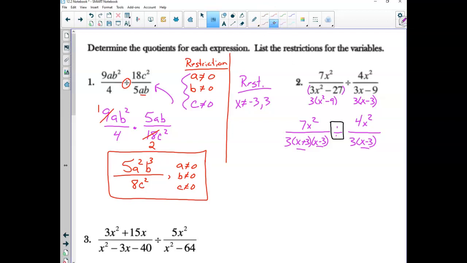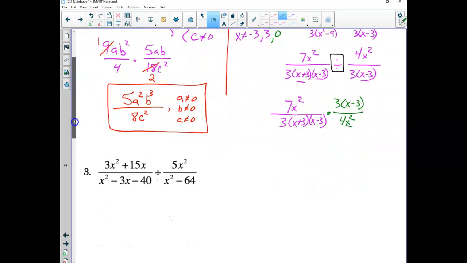Let's think about this again. So this is 7x squared over 3 times x plus 3, x minus 3. And now I got to flip it, 3 over x minus 3, 4x squared. It can't be 0. I need to add that to my list now, all right?